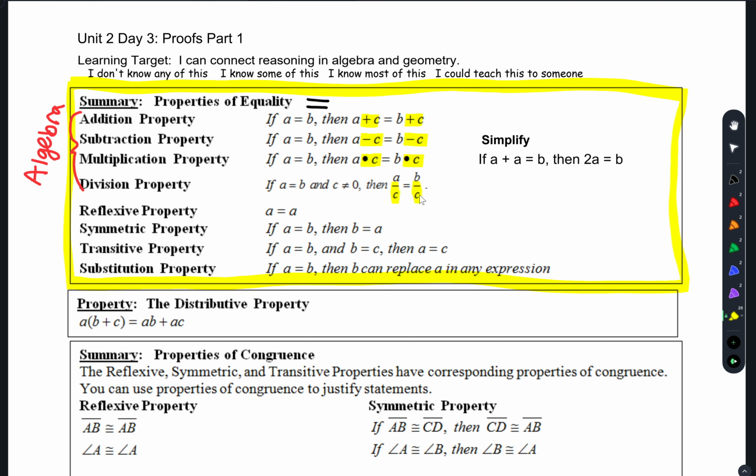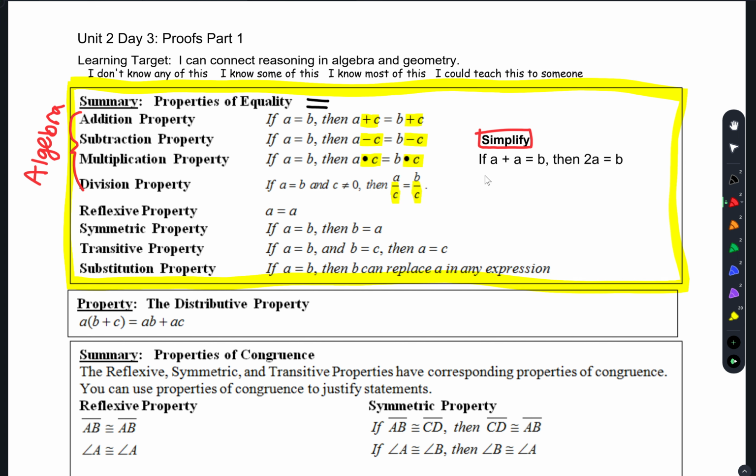Another algebraic property, this one is just simply called simplify, so it doesn't have a big long name. And the simplify property literally states if I have a plus a equals b, then I can simplify that to 2a equals b. Now we have a name for this. Do we remember what this is called? Anybody?